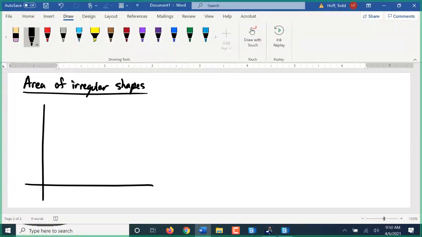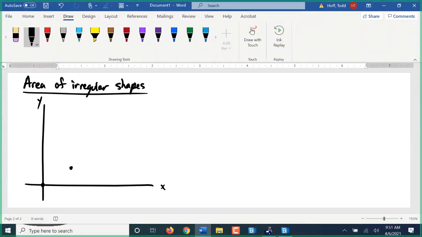So let's say that we establish a 0, 0 coordinate and we establish an x-axis and a y-axis. Maybe we're using roads or whatever. And we have one corner of this shape. I'm going to use small numbers, not big numbers. The numbers I'm going to use are going to be chains.